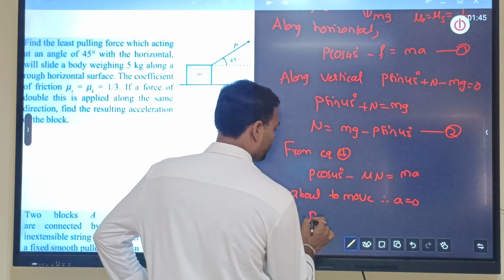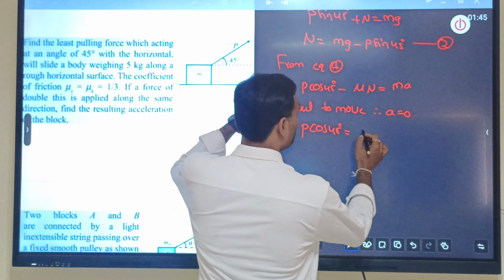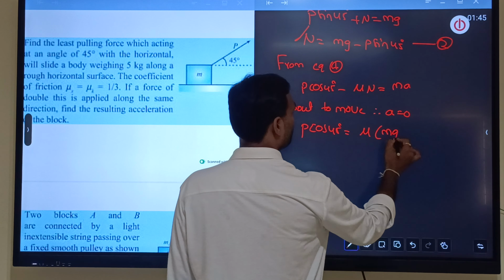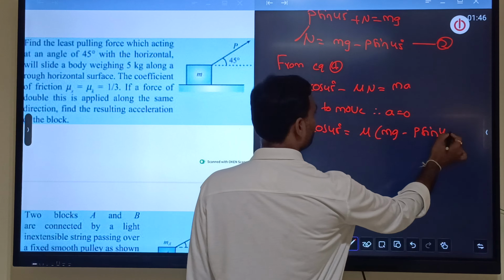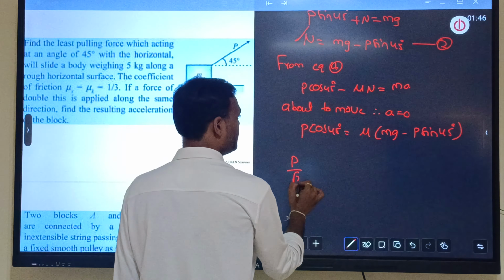Now p cos 45 is equal to mu N. I am substituting the value of N from equation number 2: mg minus p sin 45. This becomes p by root 2.